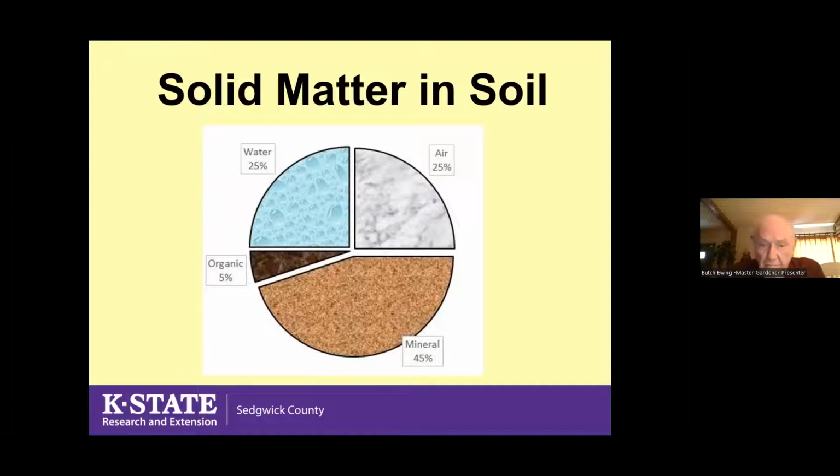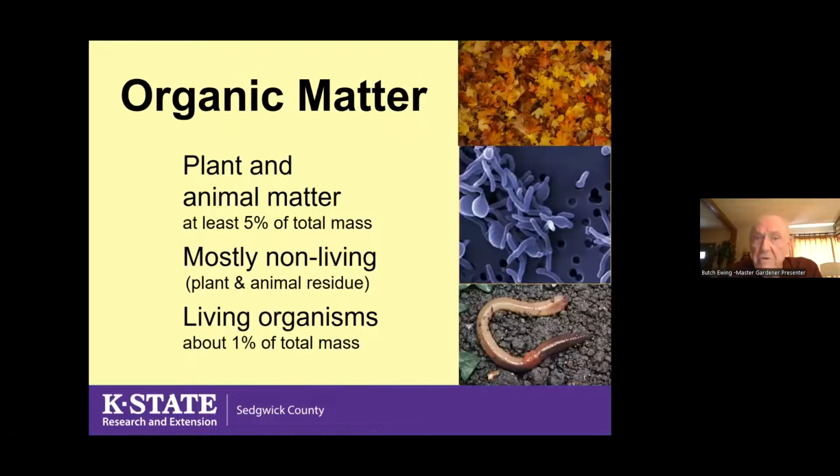bulk or volume. So when we say organic matter, what do we mean? Well, we're talking about the plant and animal matter that's in the soil. Most of that matter is going to be non-living matter. That's going to be the residue of plants and animals that used to live in the soil that are now deteriorating or decomposing and turning back into the natural elements that they're made out of.